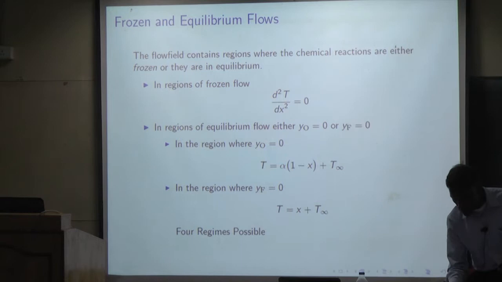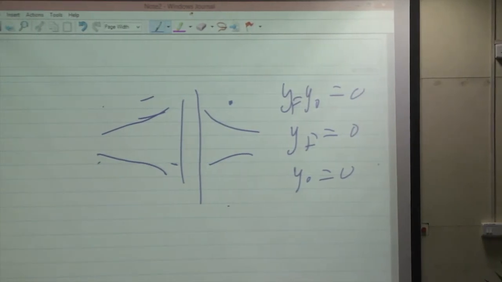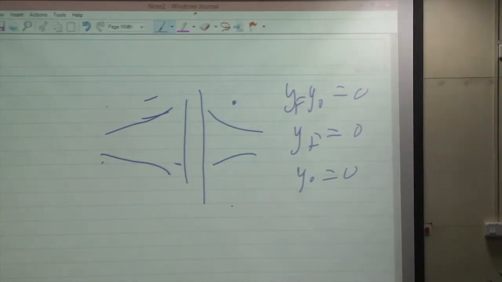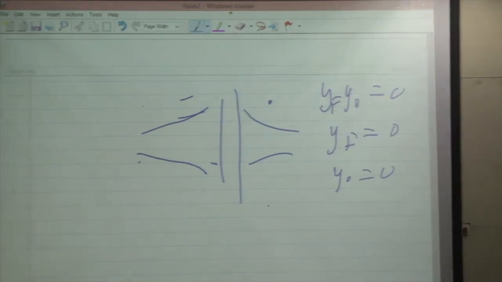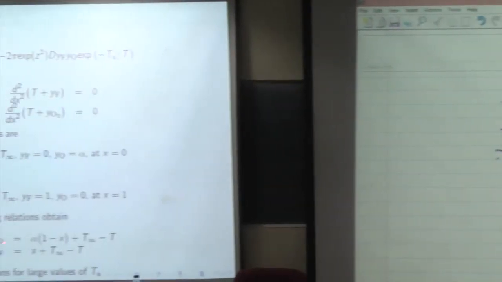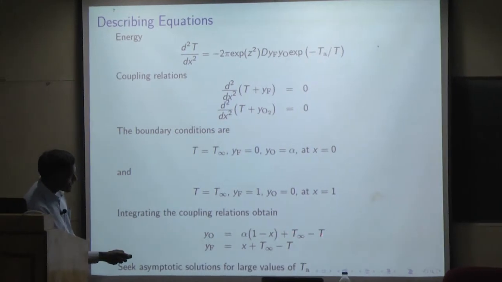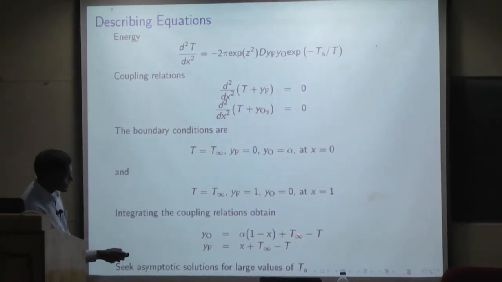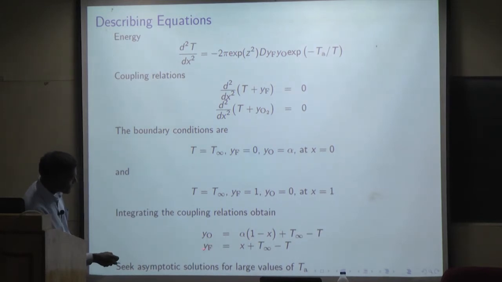So that means either YF is 0 or YO is 0. One of these things must be true. So if you go back to the coupling relationships, in the regions where YO is 0, the temperature T is this. In the regions where YF is 0, T is given by that expression, okay?